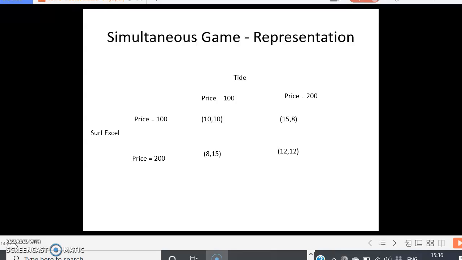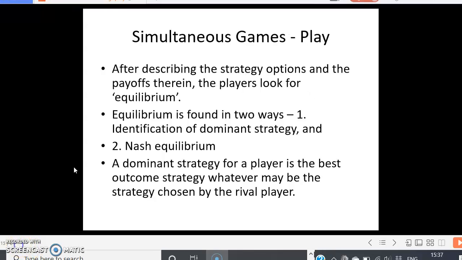All right. Now, the question is, how do they play this game? How do they decide how to price or what price they should be charging? In effect, we are asking the question as to how simultaneous games are played. Once we have understood the strategy options, in the last slide, we described the strategy options and the payoffs therein.